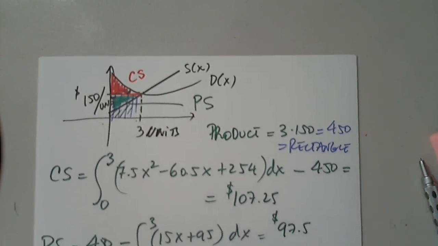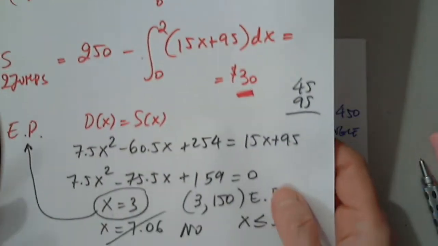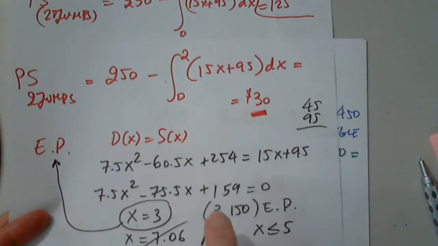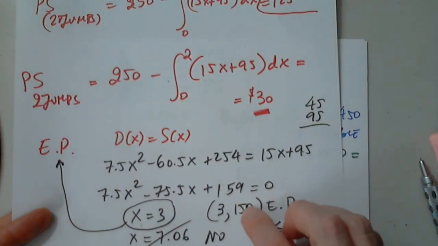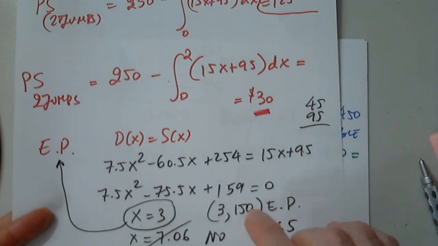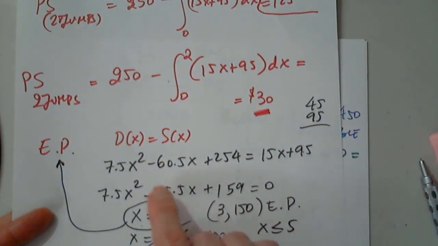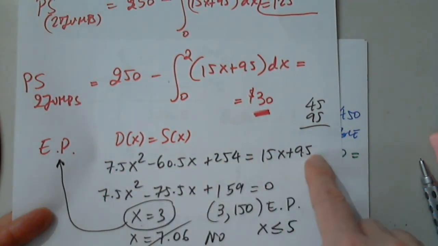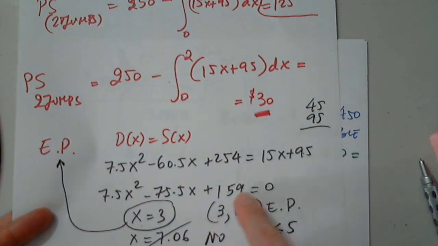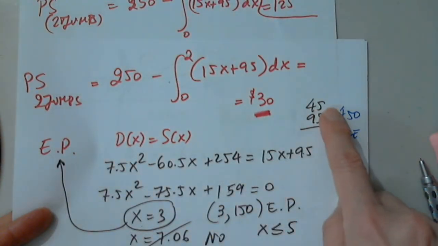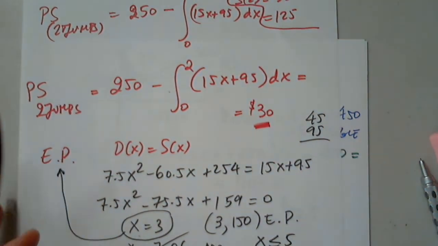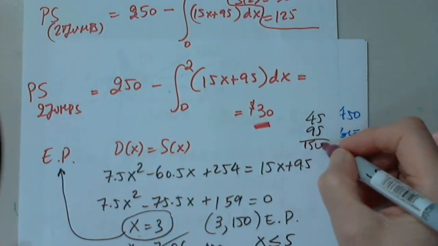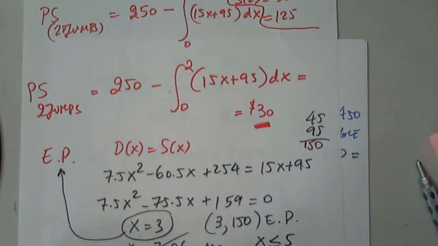Okay. In order to determine the y value, which is the price per unit, I have to replace x by 3 either here or here. So 3 times 15, I got 45, plus 95.